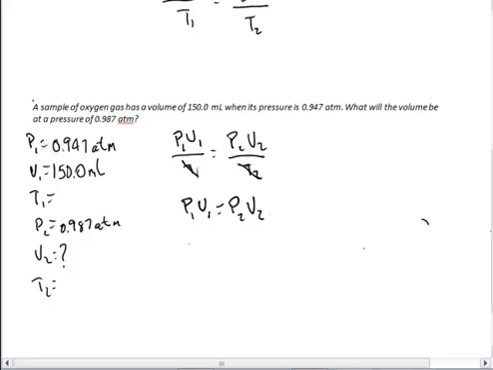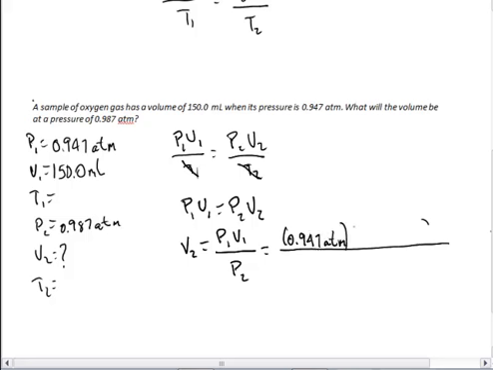All right. So now I'm going to solve this for V2. And I get V2 equals P1 V1 over P2. Now we can just go ahead and put the quantities in there then. P1 is 0.947 atmospheres, and V1 is 150.0 milliliters over P2, 0.987 atmospheres.